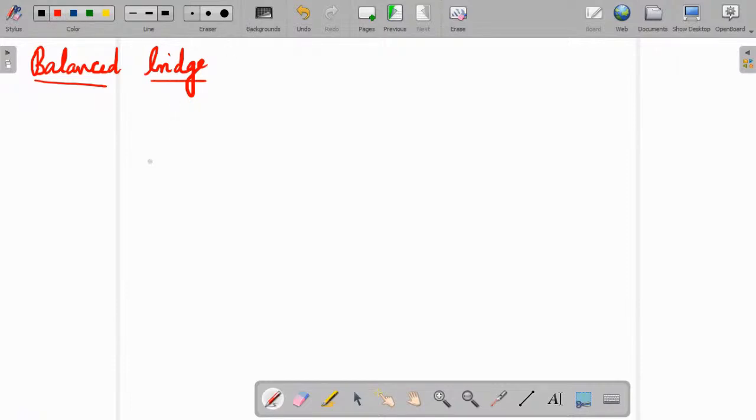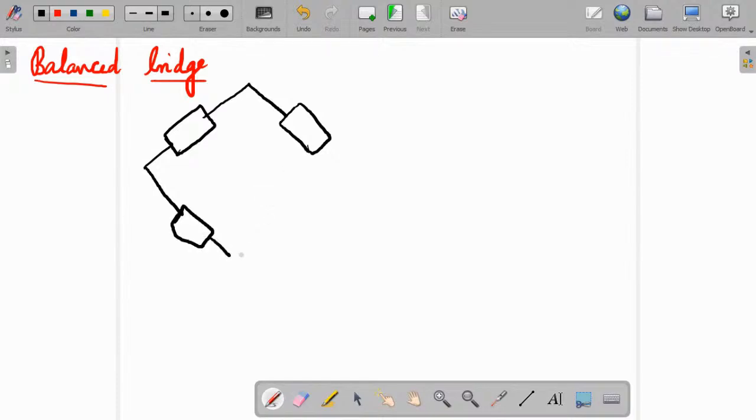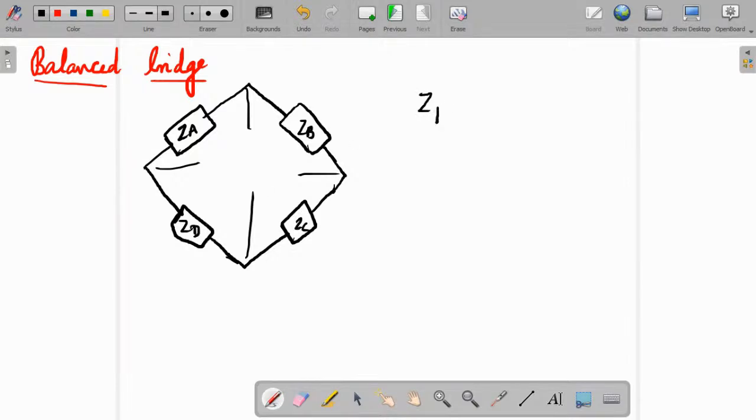So let our bridge be something like this. I generally give impedances for everything. In this place there can be a resistor, inductor, capacitance, anything can be there. Okay, so these are the passive branches. Let these be ZA, ZB, ZC and ZD. So the bridge balance condition is that the opposite arms' impedances should be equal.